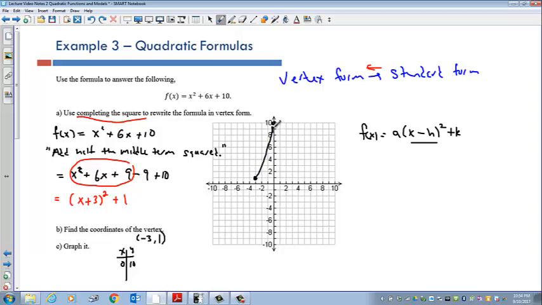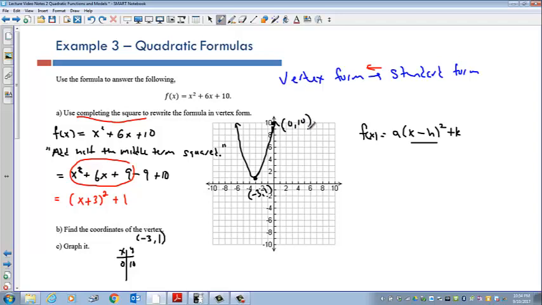Connect the dots, and if you can't, just trace over them a couple times to make it look smooth. And then, of course, it should look basically exactly the same on the other side, although sometimes it's hard to do. But it looks something like that, where the vertex is right down here at negative 3, comma 1. And it passes through this point 0, comma 10.